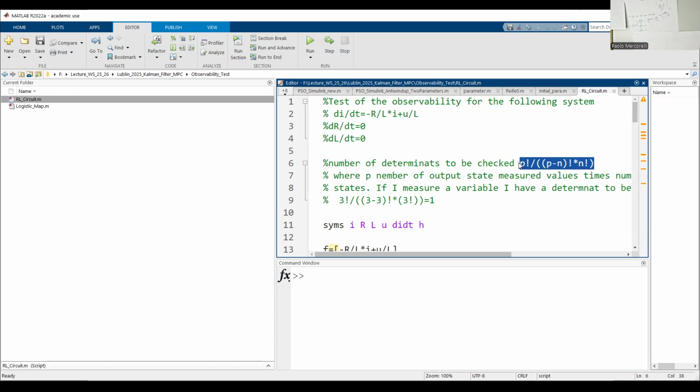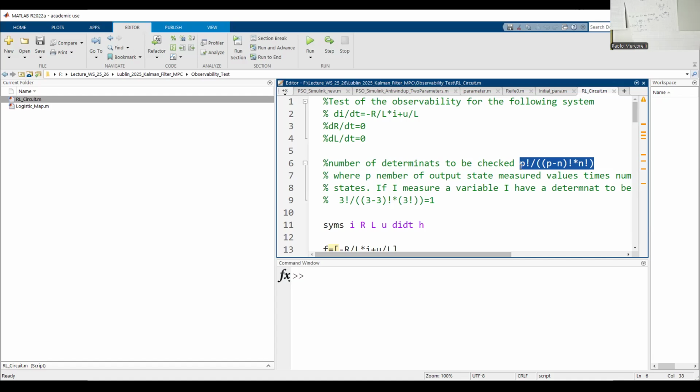The determinant is to be checked. You remember a little bit of math: to calculate the rank of a matrix, one method is to use the determinant. If the determinant is not zero, we say that the matrix is full rank.